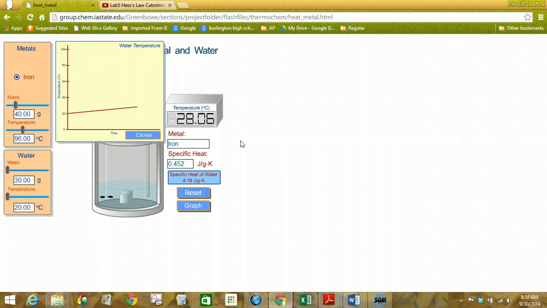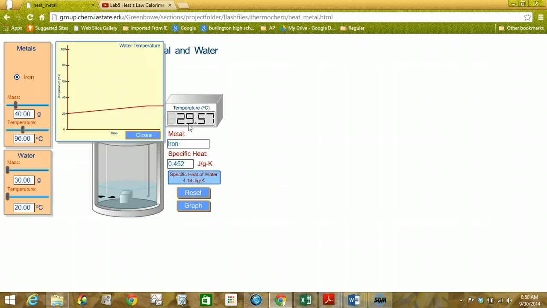Now that I've got it correctly done, doubled the mass of the iron, heated to 96 degrees Celsius as well, what that means is if I've doubled the mass but the same temperature for the iron, I'm actually doubling the amount of energy that the iron has absorbed, because I know that a certain mass absorbs a certain amount of energy with a certain temperature.